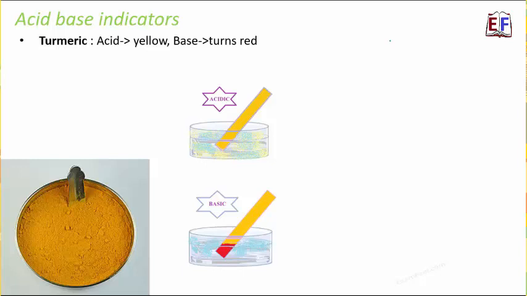Now, if you prepare a strip of turmeric, like that's a turmeric strip, it is yellow if the solution is acidic in nature and it turns red if it is basic in nature. So you would see that often if you mix something which has base, because a lot of substances that we use for cooking have base, right? If you mix those substances with turmeric, you would notice a change in color.